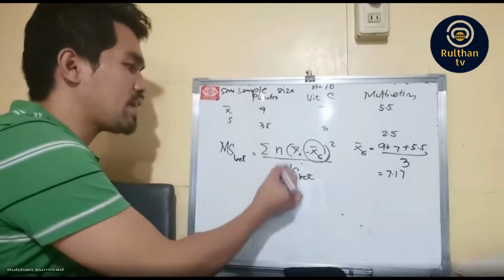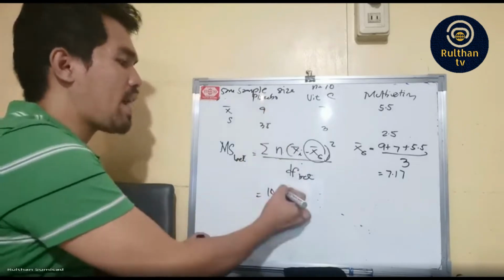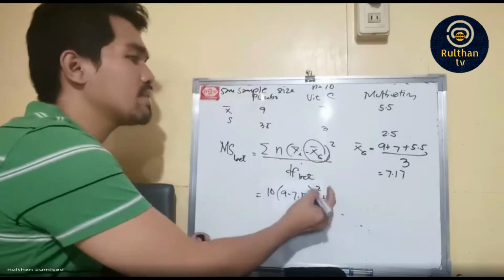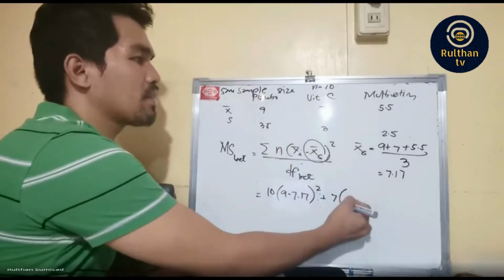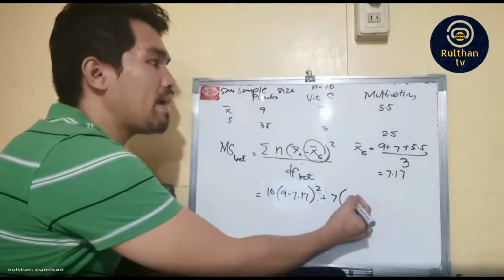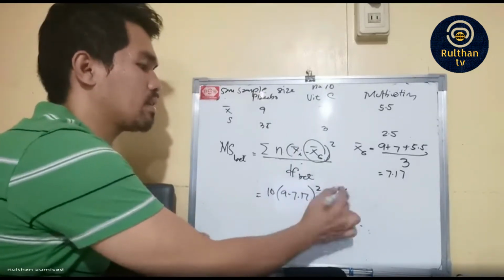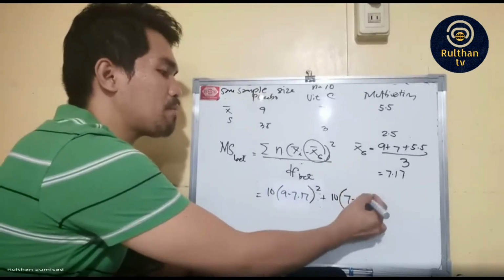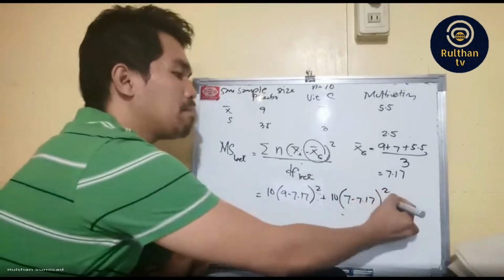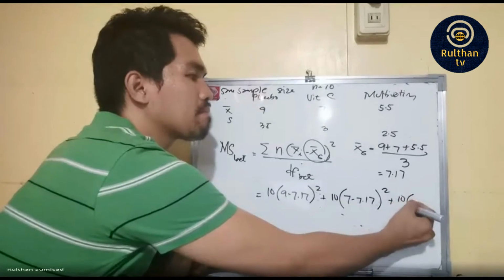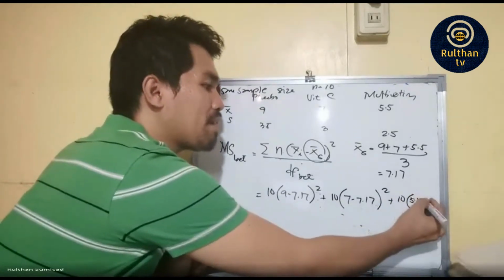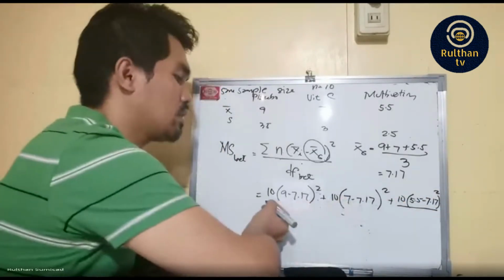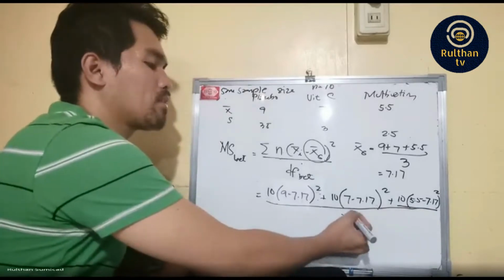So what will happen here is that we have 10 times (9 minus the grand mean 7.17) squared, plus 10 times (7 minus 7.17) squared, where 7 is the mean of the vitamin C group, and then plus 10 times (5.5 minus 7.17) squared, divided by 2.